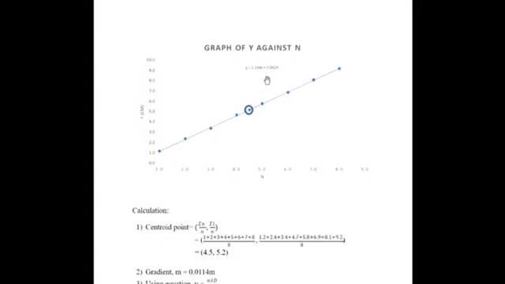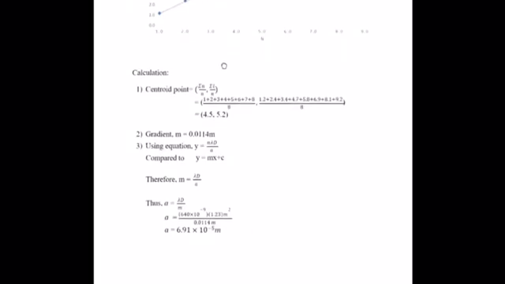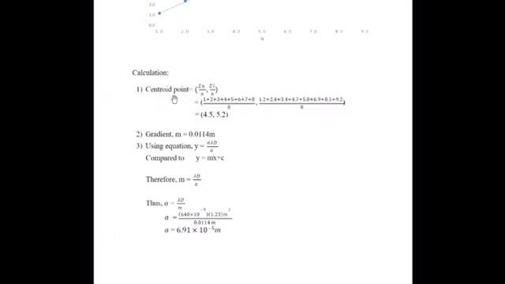So here, I get the gradient of the graph is 1.144 centimeter. Why is it in centimeter? Because the value of the y-axis is also in centimeter. Next, we proceed to the calculation for this experiment. First of all, we need to find the centroid point.